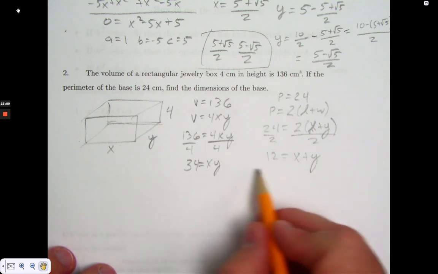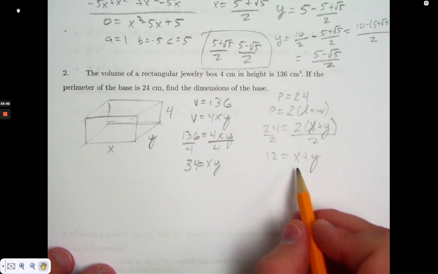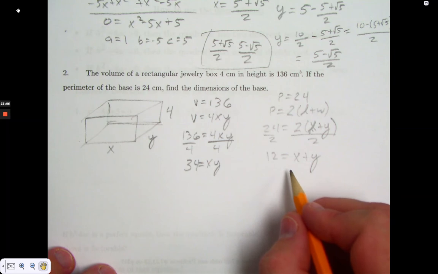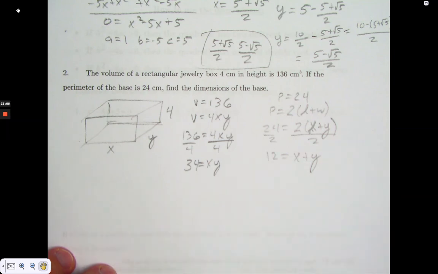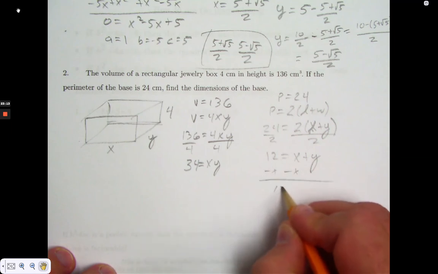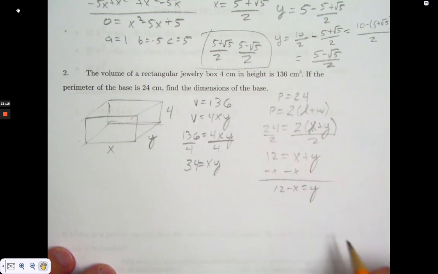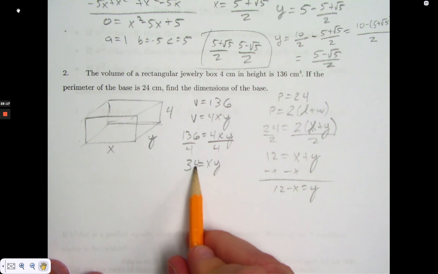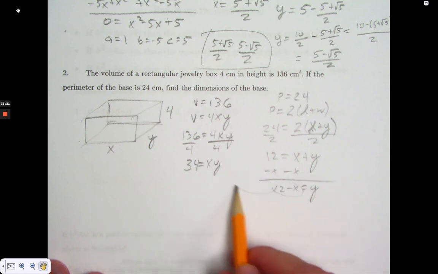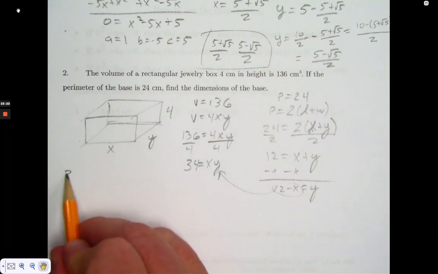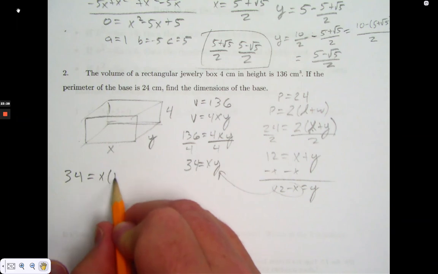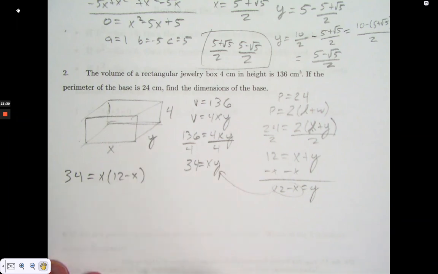So here, right, we're getting to that same spot we were at on the last problem. So if we subtract x from both sides, right, you get 12 minus x equals y. And then here we have our 34 equals x times y. So again, we can put this in for this y. So 34 equals x times 12 minus x.